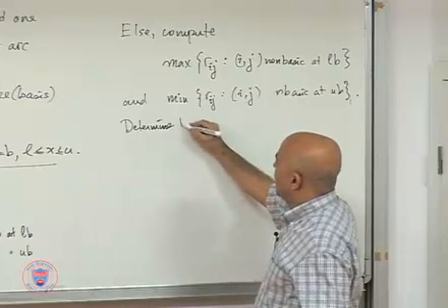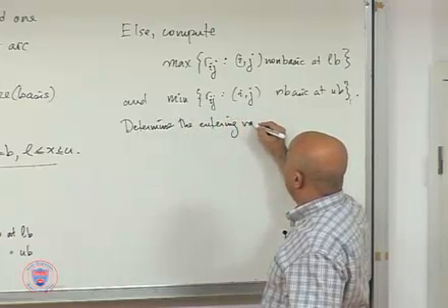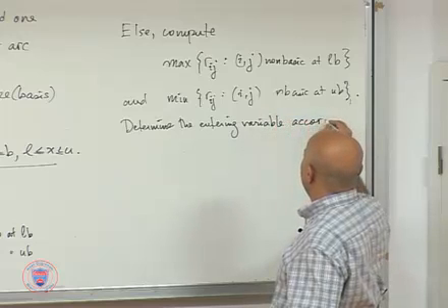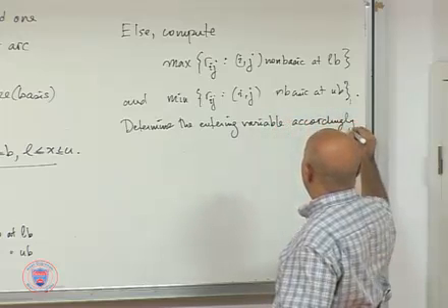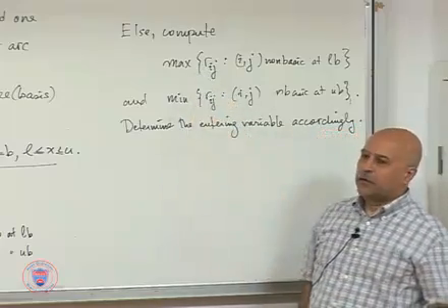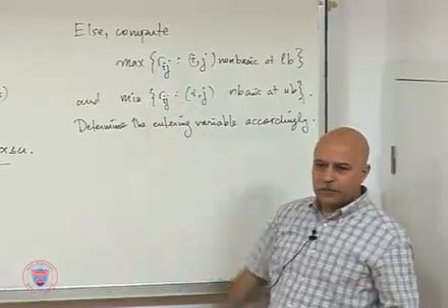Determine the entering variable accordingly. In other words, whoever wins, you have 2 winners, the maximum winner and the minimum winner.